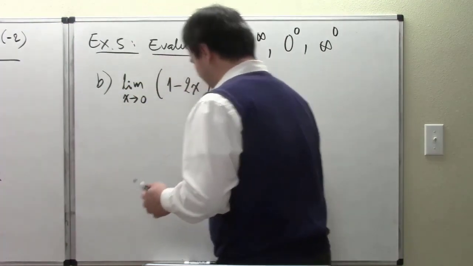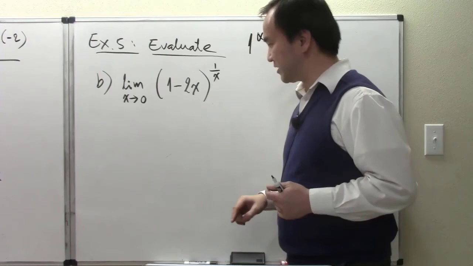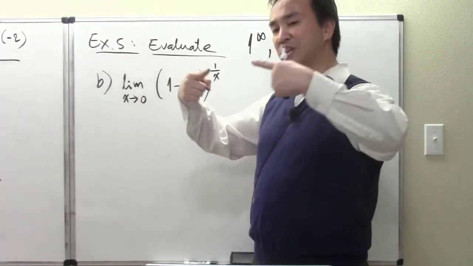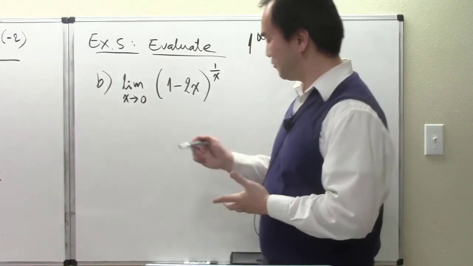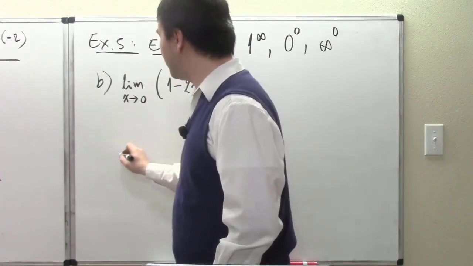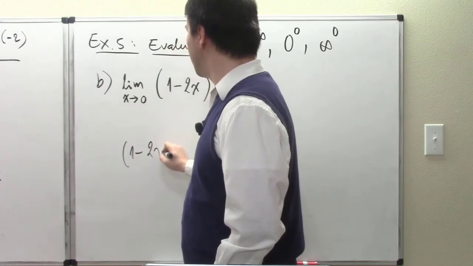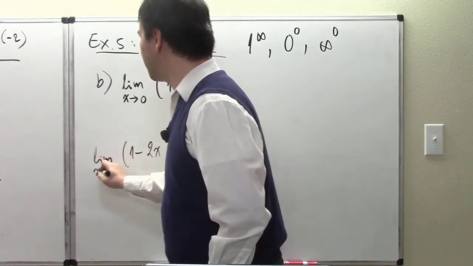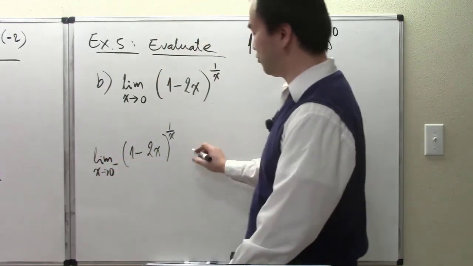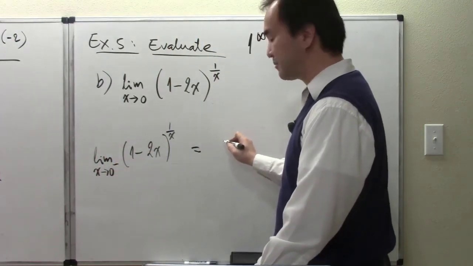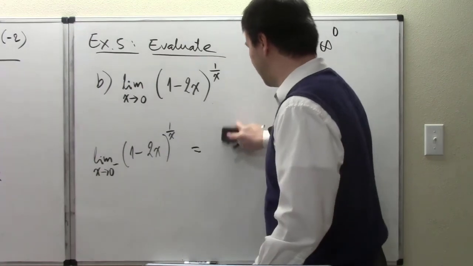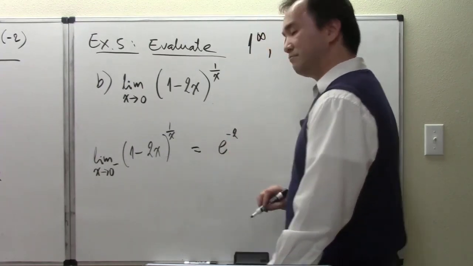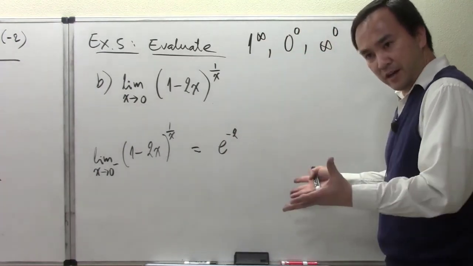I have to remind my viewers that this limit at the start was a general two-sided limit. We already considered the same problem, (1 minus 2x) raised to the 1 over x power, as x approaches 0 from the left-hand side, and the limit came to e to the minus 2, a finite value.